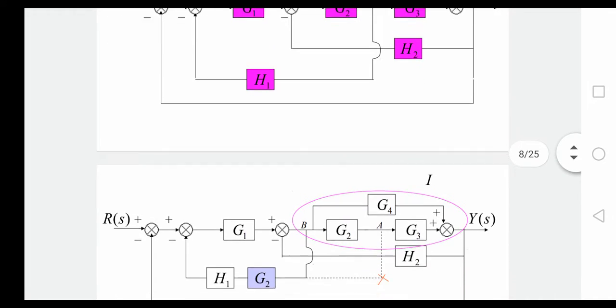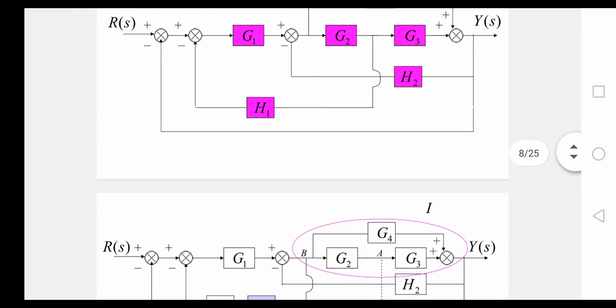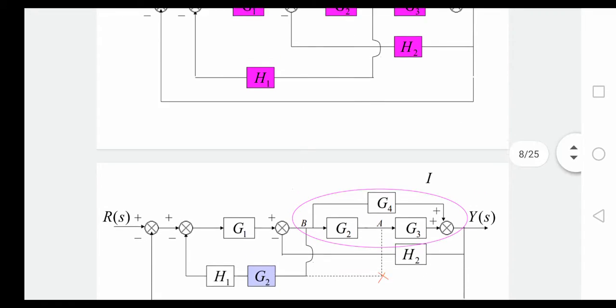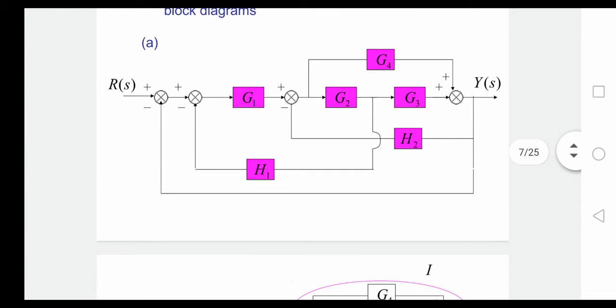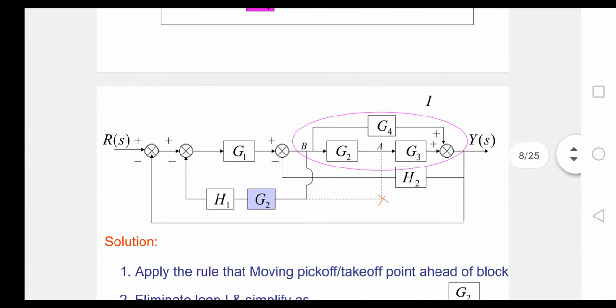Before g2 means you need to multiply with g2. Listen carefully, concentrate, it is very simple. This is the takeoff point, which is actually after g2, so you are going to take it before g2. Before g2 means you need to multiply like that. Here the dotted line we are crossing means h1 g2.